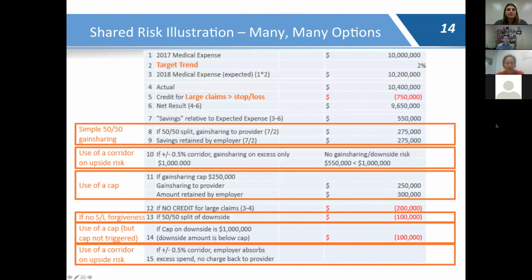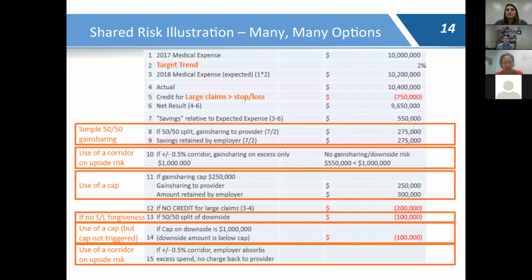This is just an illustration. I won't spend a lot of time going into the detail, just in the interest of time. But this is just taking a simple math calculation of looking at the component elements, where in this instance the actual expenses exceed the target, but in this case, there's also a credit for excluding some of the large cost claims, the jumbo cases that might stem from an acute event.